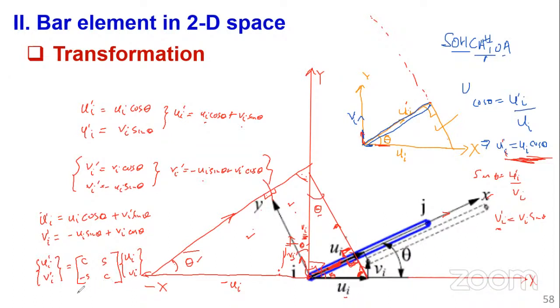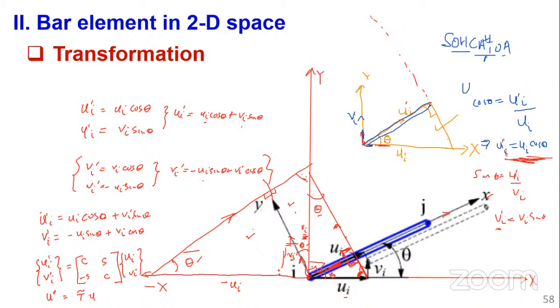In short, we are saying u in local coordinate system, so let's say u prime, is equals to this matrix, which we can call T tilde, just a notation, times u in the global coordinate system. The deformation in the local coordinate system is equal to a transformation matrix multiplied by the global coordinate system deformation.